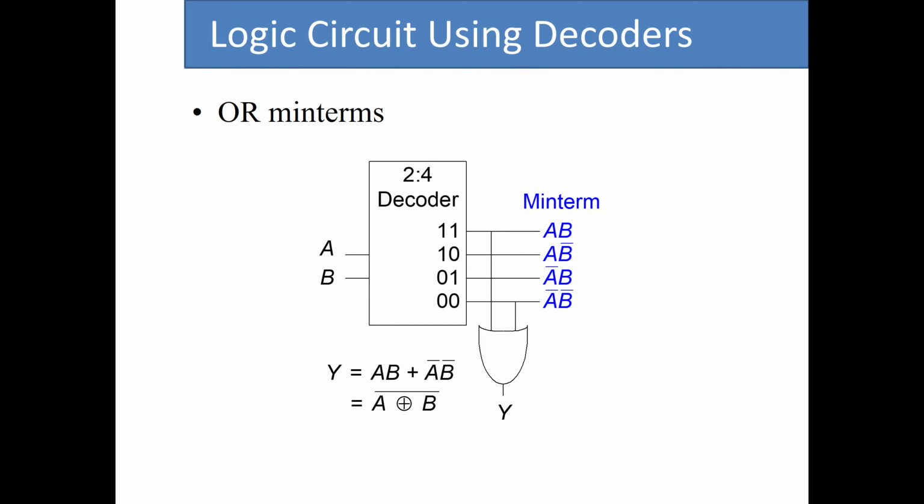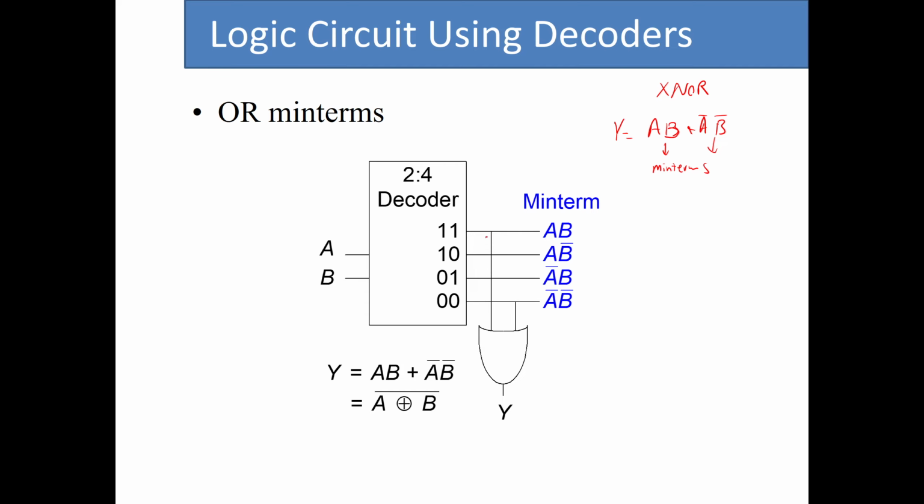So now let's say we have a function that we want to implement. Let's say we want the function Y equals AB plus A bar B bar. If you remember, this is the function for XNOR. As you can see, this function contains two minterms. So we have A and B as the inputs.